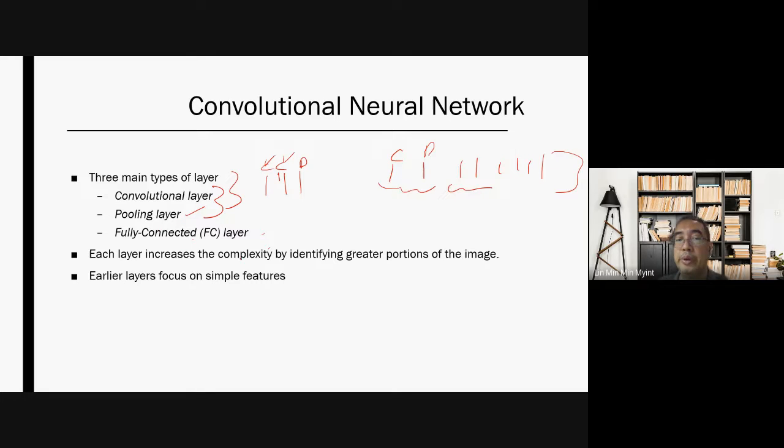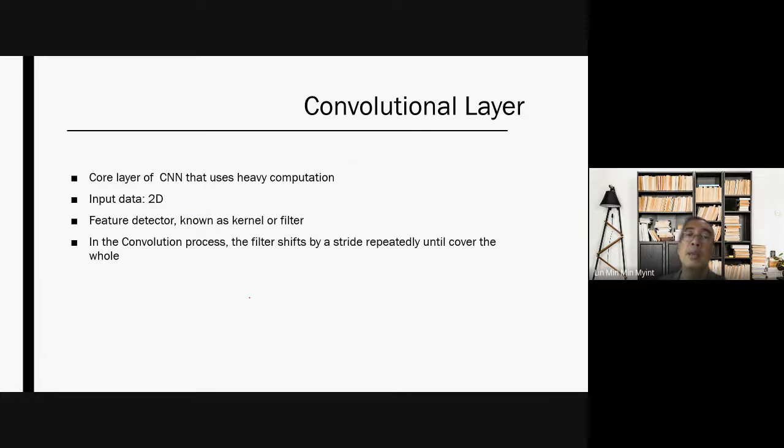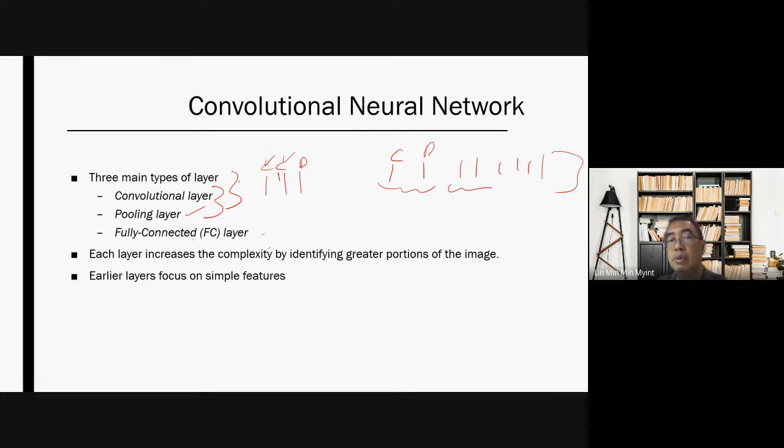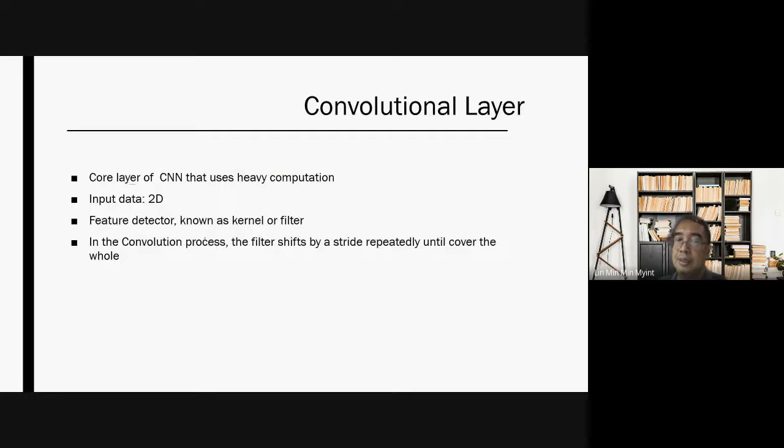Each layer increases complexity by identifying a greater portion of the image, and each layer will focus on simple features. Especially in the convolutional layer, we have to do 2D convolutions, like image processing. That's why the convolutional layer needs a lot of processing power, and the input needs to be two-dimensional.